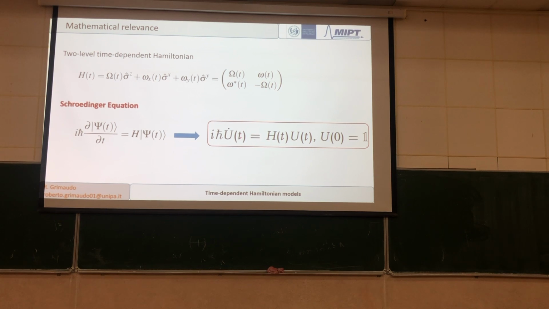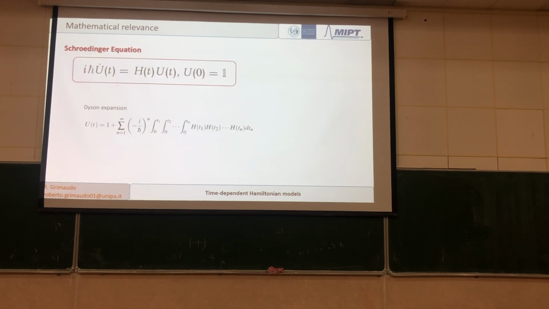Through this time evolution operator, we are able to find the time evolution of all possible initial conditions. So in this sense, it is more general. If we solve such a Schrödinger equation for U, we know the whole dynamics of our system. So from now on, we concentrate on this Schrödinger equation.